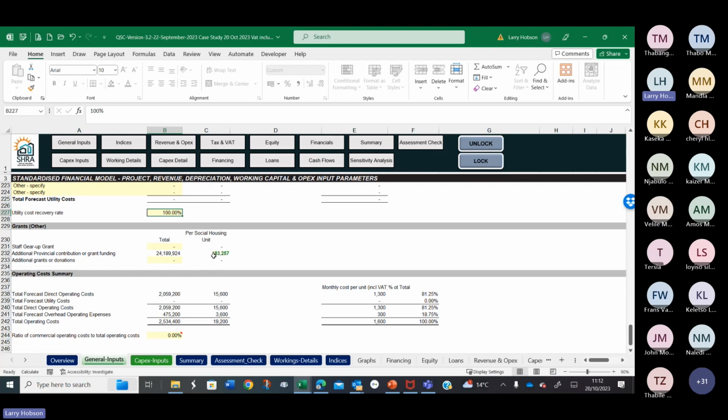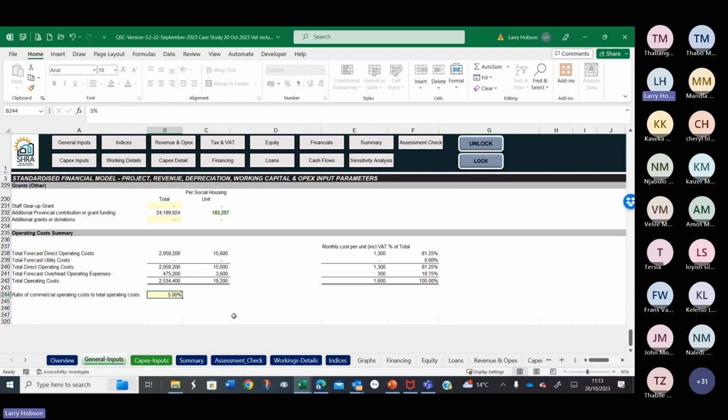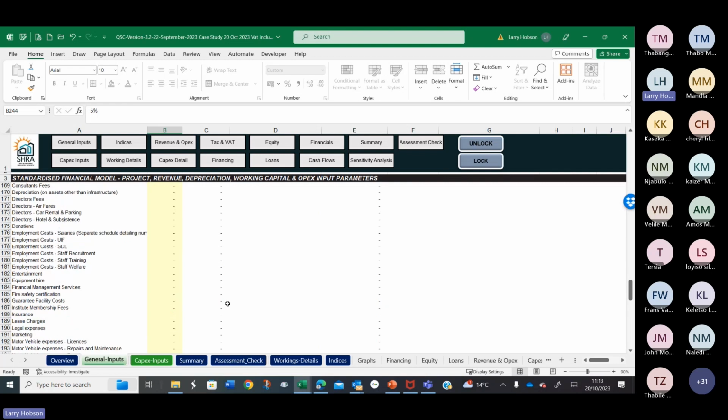I'm not sure where because the SHRA entered that anyway. So that's all done. Ratio of commercial operating costs to total operating costs. We said we had a shop. Let's make it 5%. That'll probably affect that VAT calculation, but it's minimal in this case.